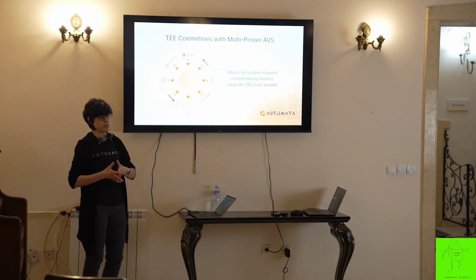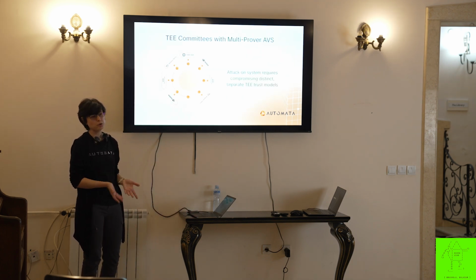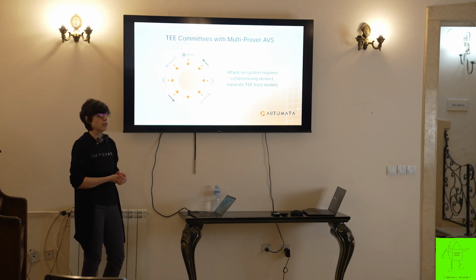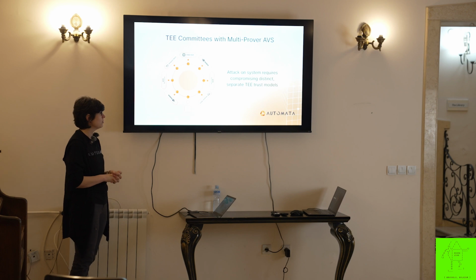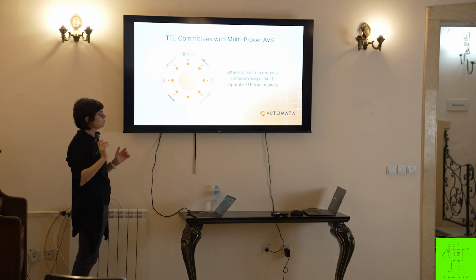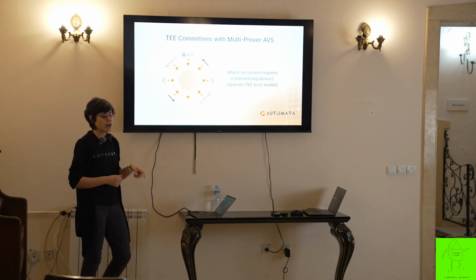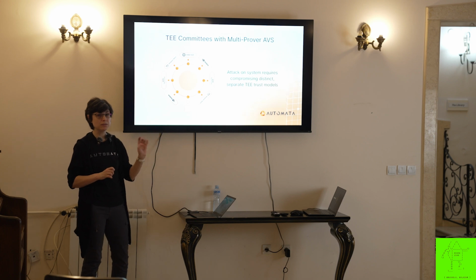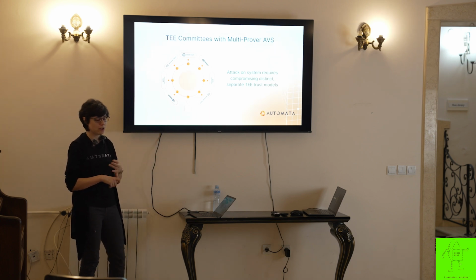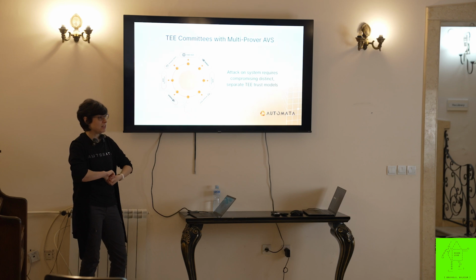We don't want to use only Intel SGX as the TEE vendor, because that's a bit of centralization. So we want to use multiple TEE technologies at the same time. Let's say for the Scroll rollup, they can say, I want the TEE prover to run on AWS, AMD, and Intel SGX.